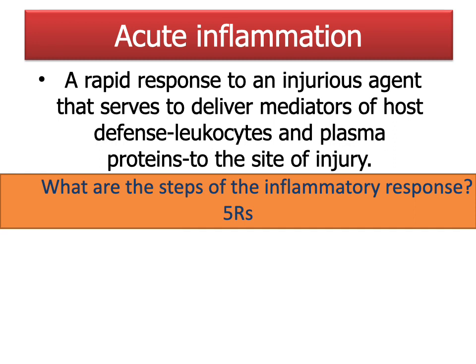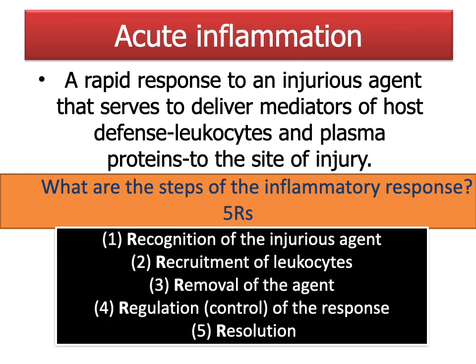Now, what are the steps of the inflammatory response? You have the 5 R's. First, the body has to identify the injurious agent, and once it is recognized, the body will have to call in the WBCs. The WBCs will do their work to remove the agent, so it dies, but then again, the body has to find a way to regulate the process.